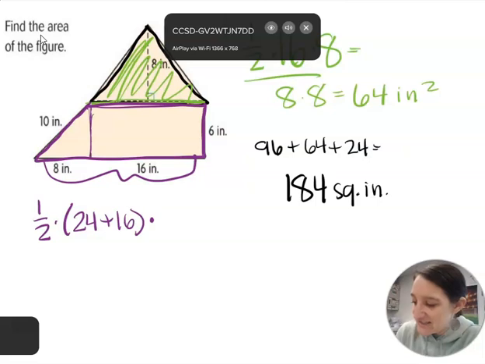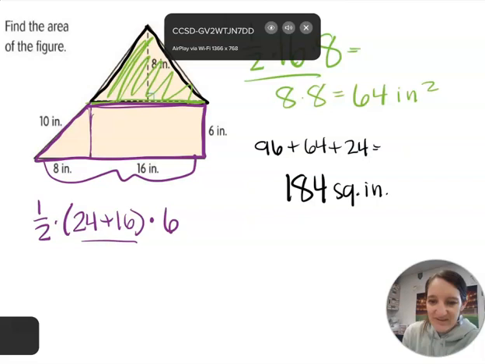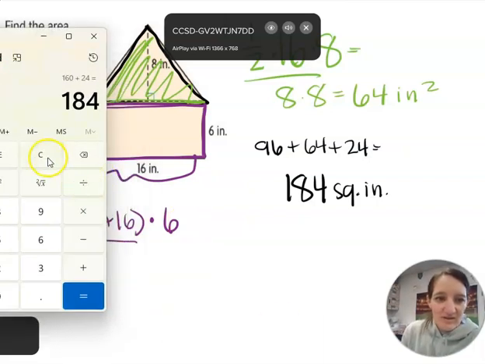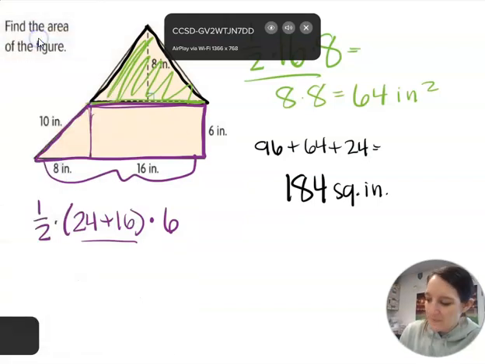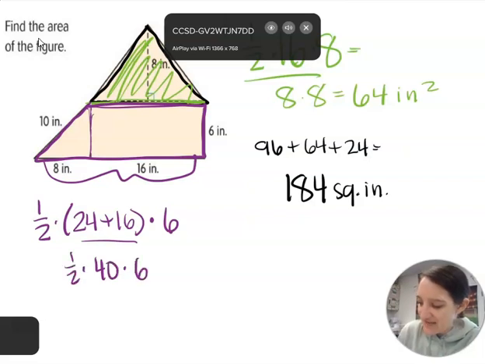Your height is 6 for that trapezoid. Let's see if we get the same thing as what we did before. 24 plus 16 is 40. 1/2 times 40 times 6. Half of 40 is 20. 20 times 6 is 180.